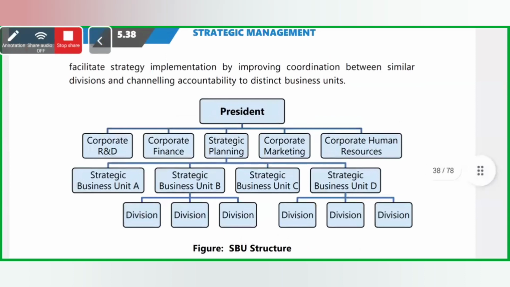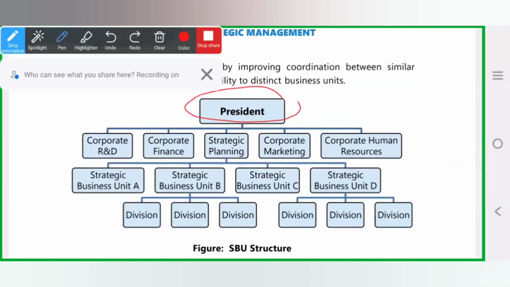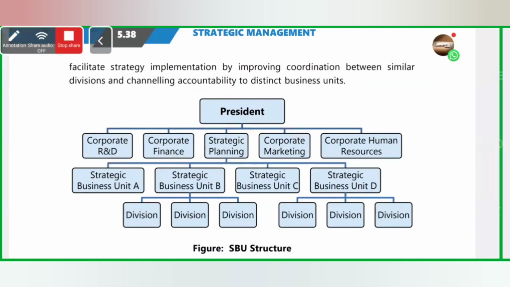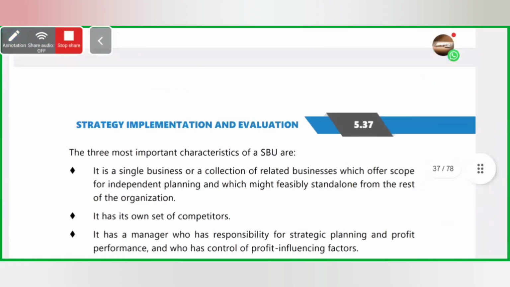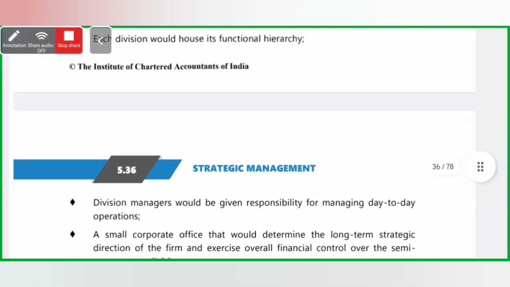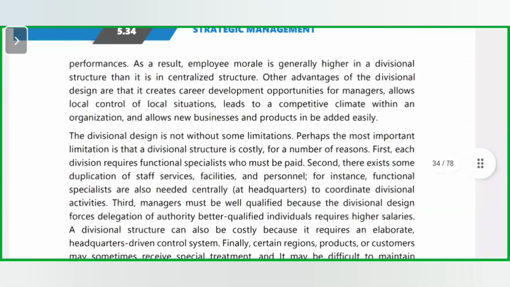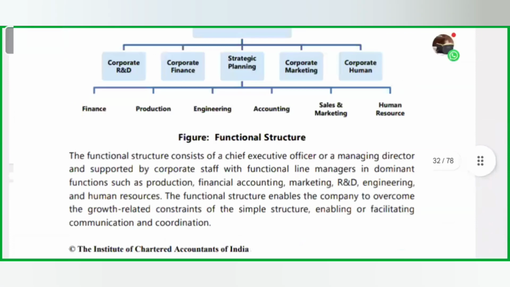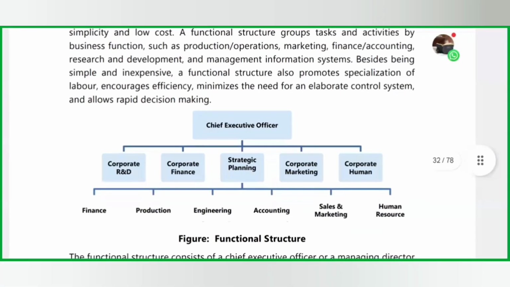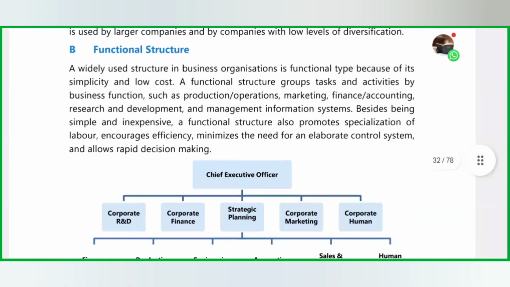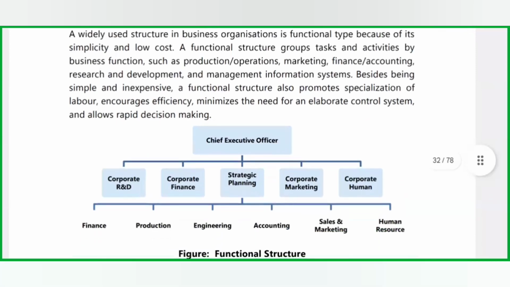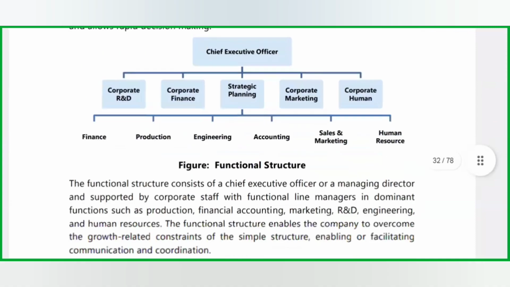There's a president. Then they have corporate R&D, corporate finance, strategic planning, corporate marketing, and human resources, which is the same as in the functional structure. Okay, in the functional structure, the initial top hierarchy is the same.